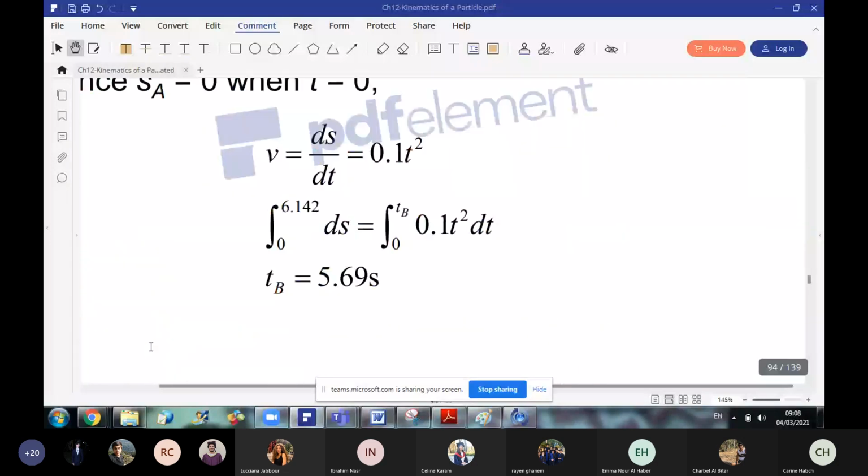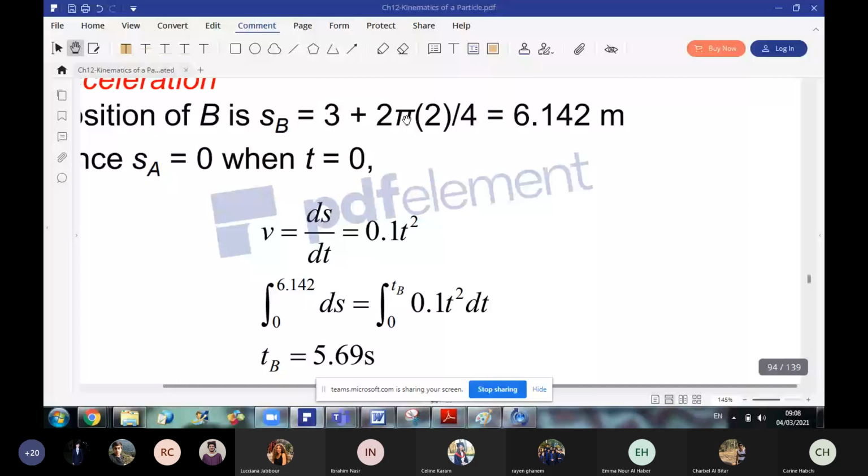First, I say that S of B can be calculated as 3 plus 2 pi times 2 over 4, which is pi. Since SA is 0 at t equals 0, because in the figure they gave me that the origin of S is when I start motion, I can say that V is ds by dt equals 0.1 t squared.